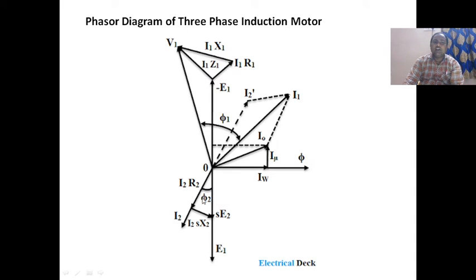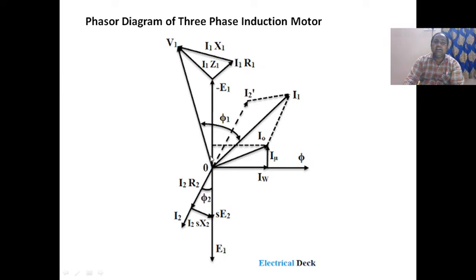Next we draw the lagging current, that is the load current, represented with I2. I2 R2 is in the same phase. Whenever we draw I2, I2 dash is opposite to the I2 phasor. From the circuit diagram, the phasor sum of I0 and I2 dash is I1.